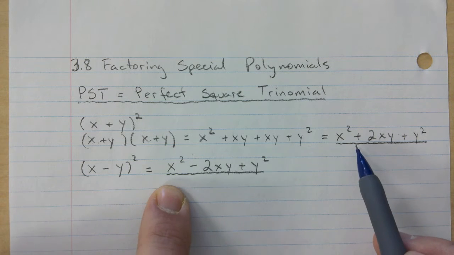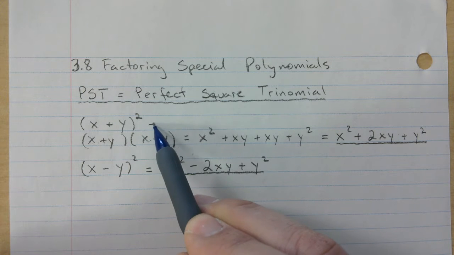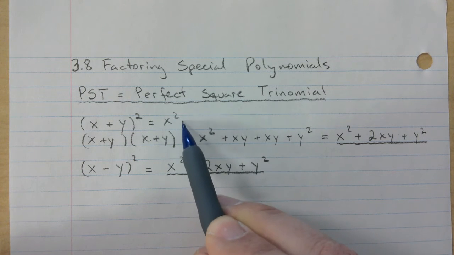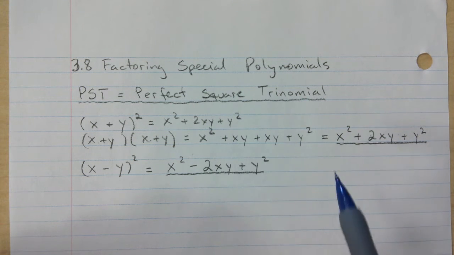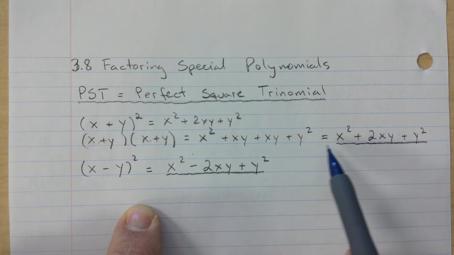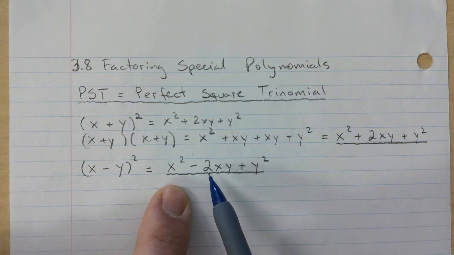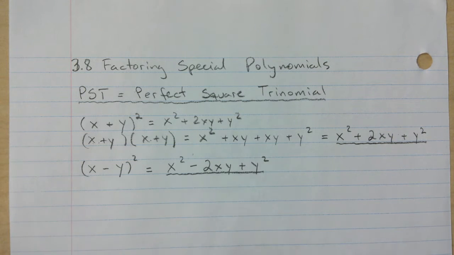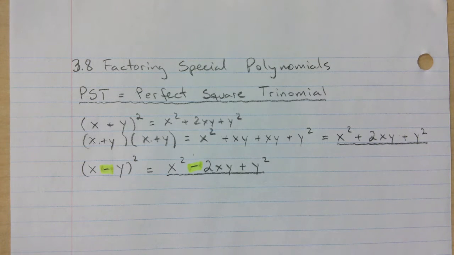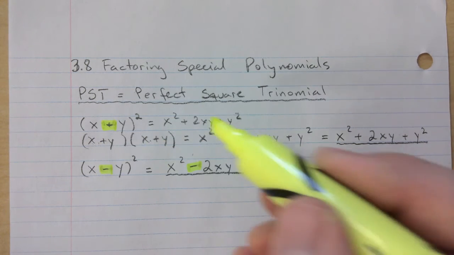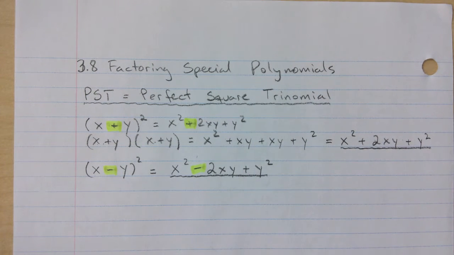And I would actually like you to rewrite this part right next to the very first one I gave you. This is just showing you how I got that. And the second one I didn't even bother multiplying out. All I need you to notice is this: if there's a negative between them, then there's a negative there. If there's a positive there, then the second term will be positive.